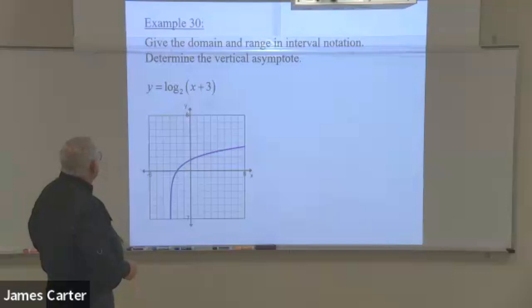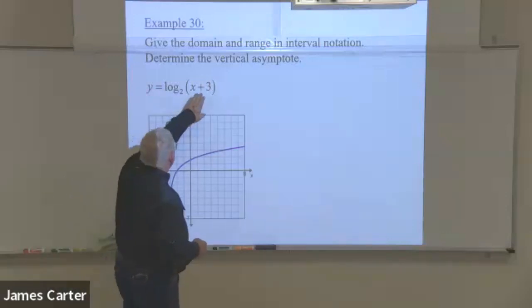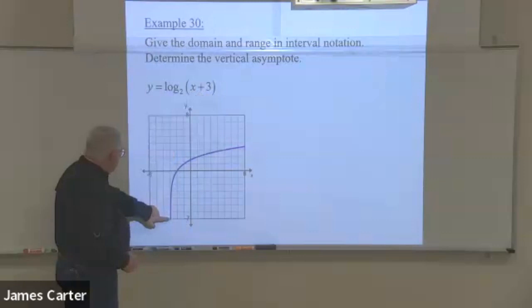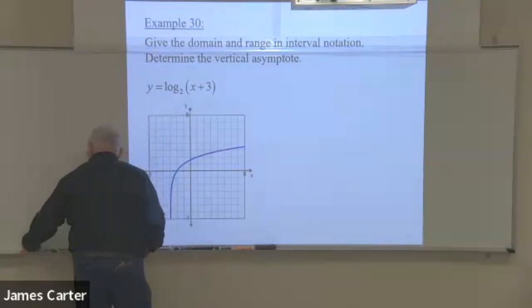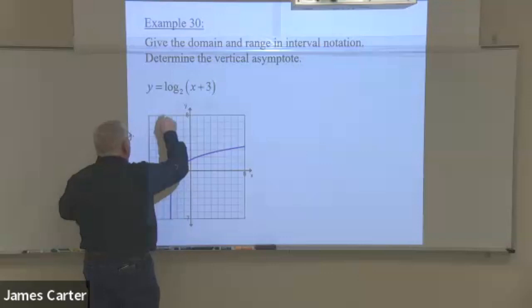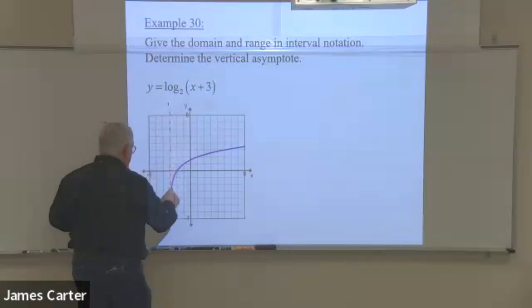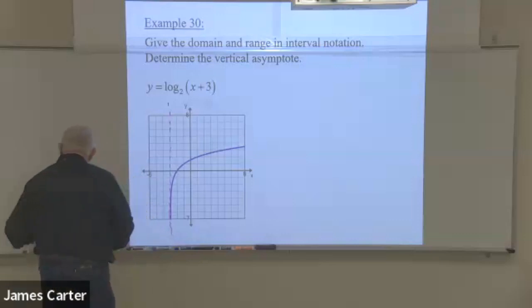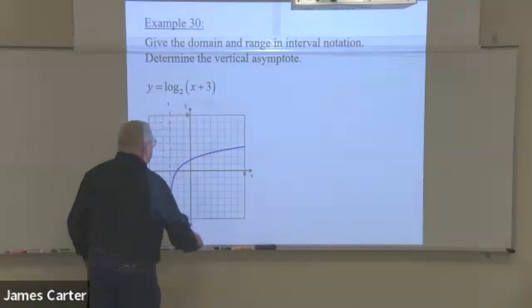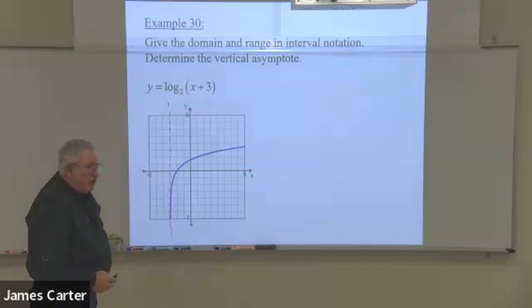Okay, what about this one? Now, something important to notice. We're going to shift left 3 places. That creates at -3 a vertical asymptote. That creates a vertical asymptote on this problem, which will affect our range.